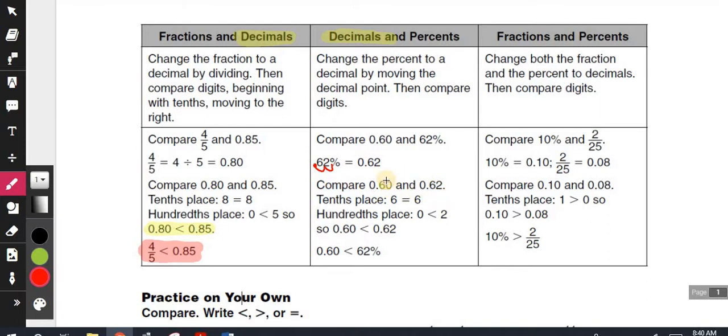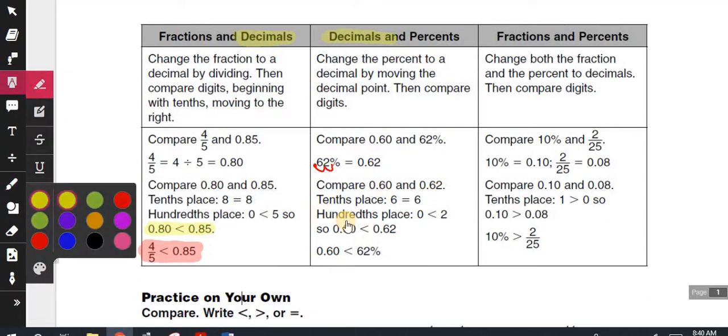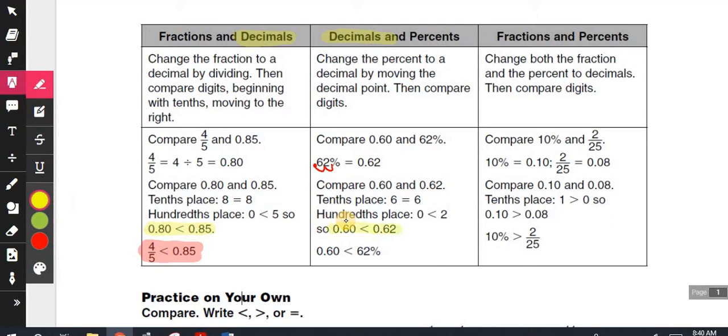So because we're comparing, again, an equal number of places, 60 is less than 62. So we're going to start off by showing that 0.60 is less than 0.62, and then make sure that because we were representing 62% as that 0.62, we rewrite it as a percentage for the final answer.